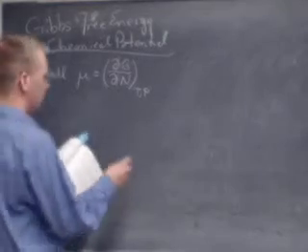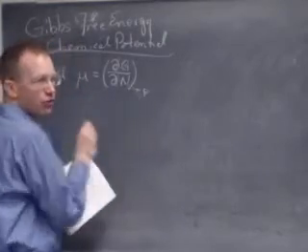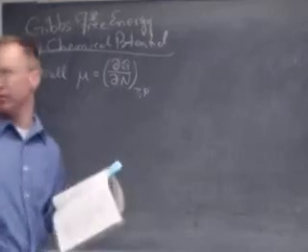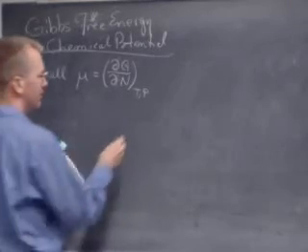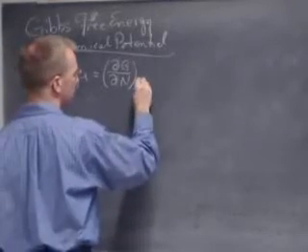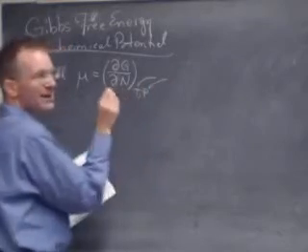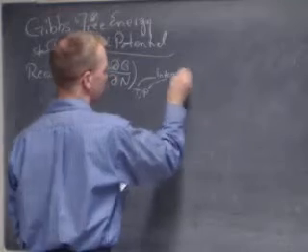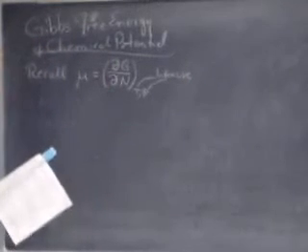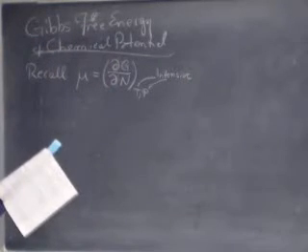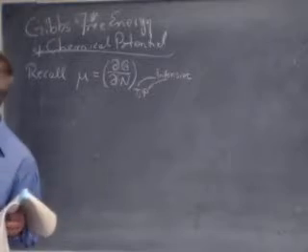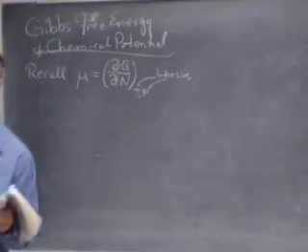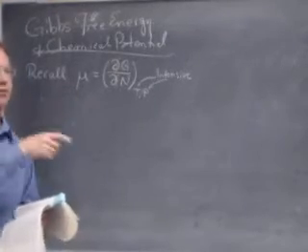Now notice here that both temperature and pressure are what kind of quantities? They're both intensive, right? Okay. And we also have that Gibbs free energy and number are both extensive.